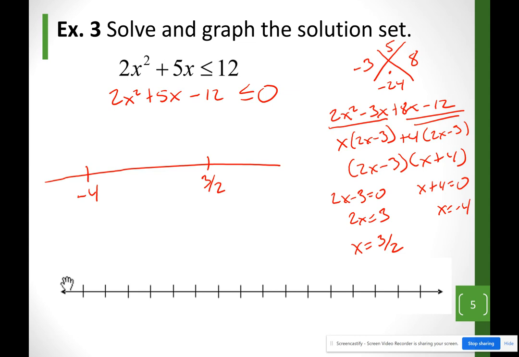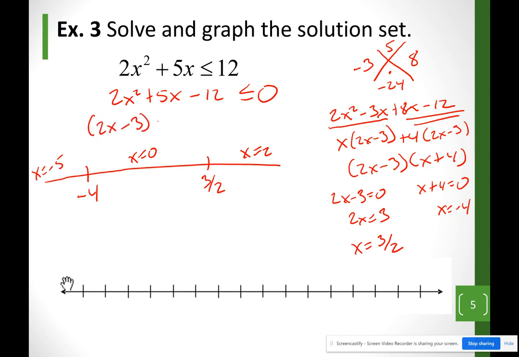I'm going to let x equal negative 5. Now, anything between negative 4 and 3 over 2, I'm going to let x equal 0. Now, I know 3 over 2 is 1.5, right? So anything bigger than that, I'm going to let x equal 2.